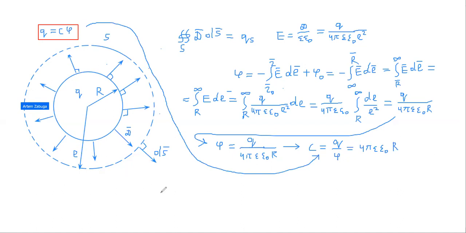Okay, do you have any questions? So we have obtained that the capacitance of a charged ball is equal to 4 pi epsilon 0 R. And let's try to use this formula for spheres that have the same radius as our planet.